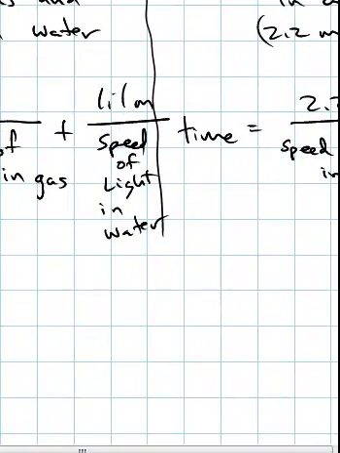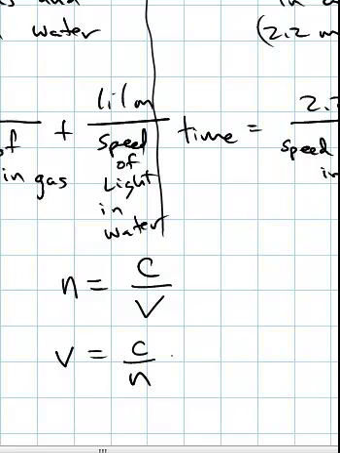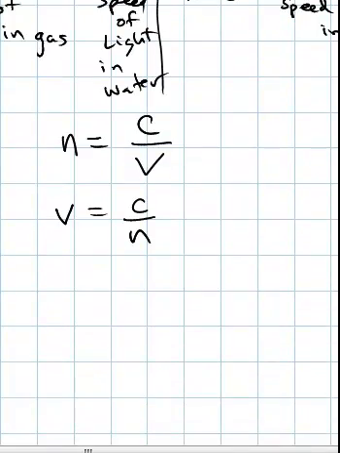And remember that the index of refraction is defined as the speed of light in a vacuum over the speed of light in that medium. So the velocity is c over n. And we know what c is. It's 3 times 10 to the 8th meters per second.